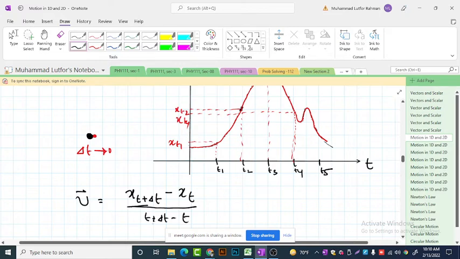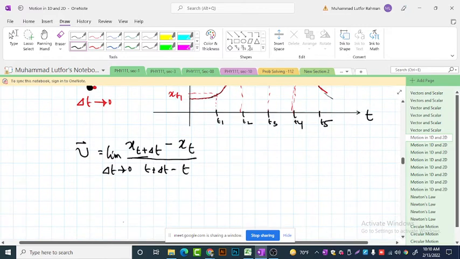It ultimately gives me del t, and we define here the limit as del t tends to 0. Do you understand my explanation over here? Yes, sir. Now I can write this quantity as the limit del t tends to 0 of x(t plus del t), my final point, minus x(t), my initial point, divided by del t.